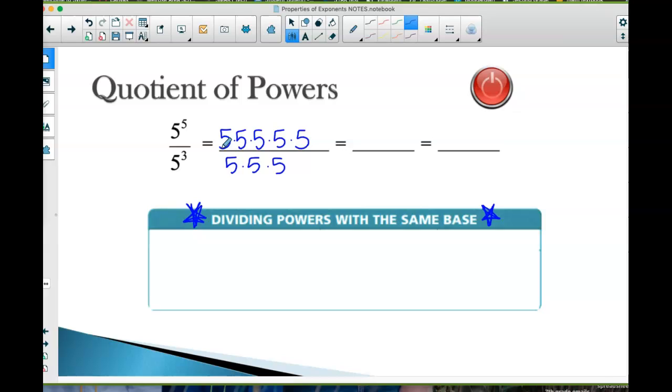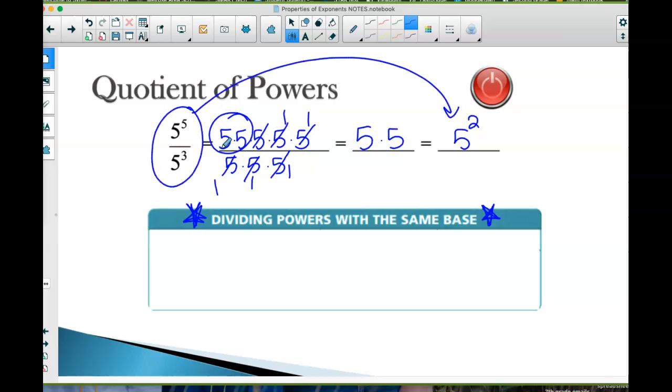I can simplify a 5 and a 5 to a 1 and a 1. And I can simplify those, and I can simplify those. So what I then end up with is just 5 times 5, which is 5 to the second power. So what's the quick way then to get from here to here? What do you think the rule is?